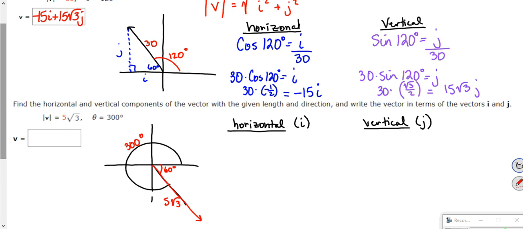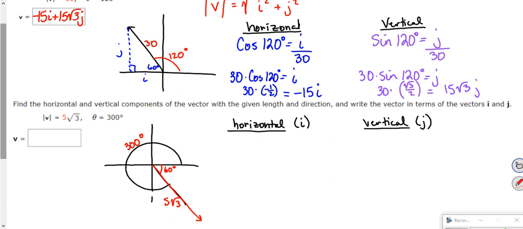If you look at the formula in your PowerPoint packet, it's the magnitude, which is positive, times cosine of theta I plus magnitude times sine theta J.